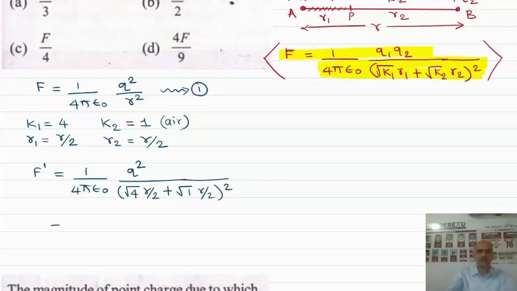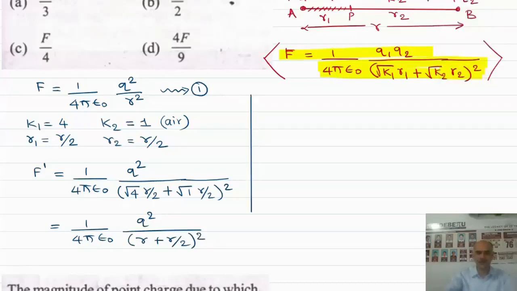Simplify, and the direct answer comes. Root 4 is 2, which cancels with the 2, giving r. Root 1 is 1, so this is r by 2, bracket square. Now simplify, and you will have the answer.